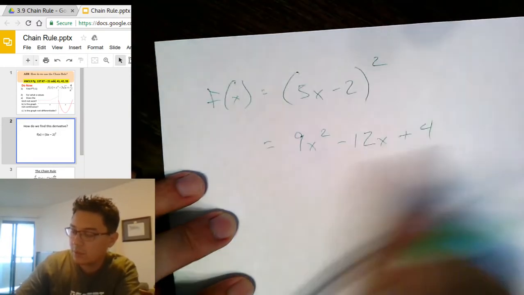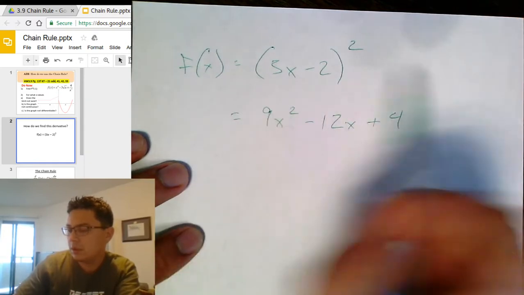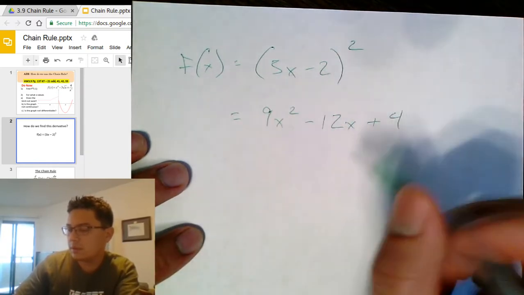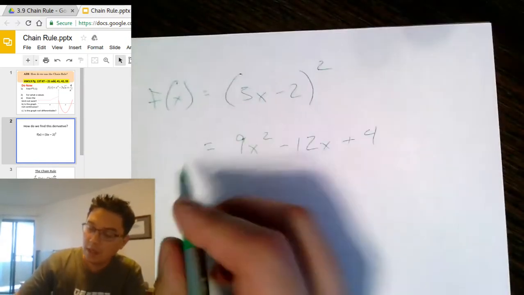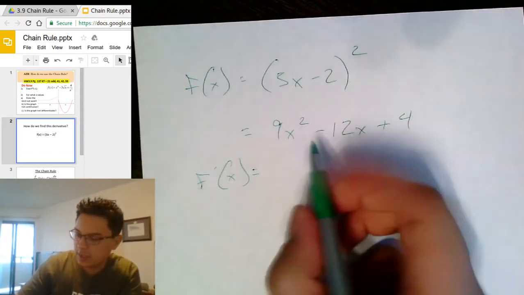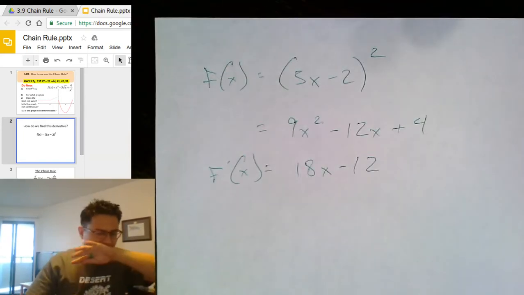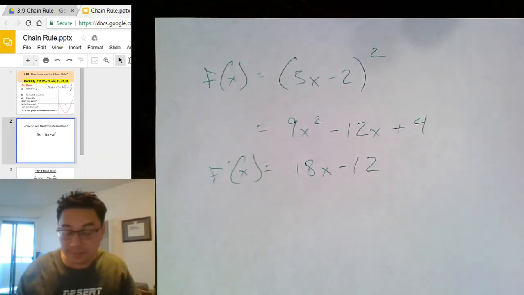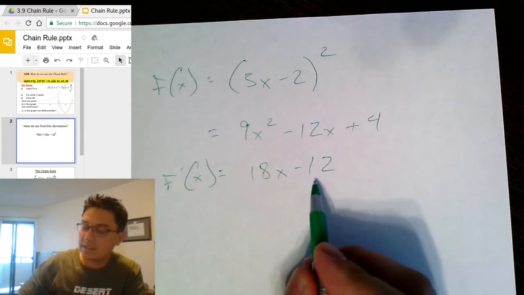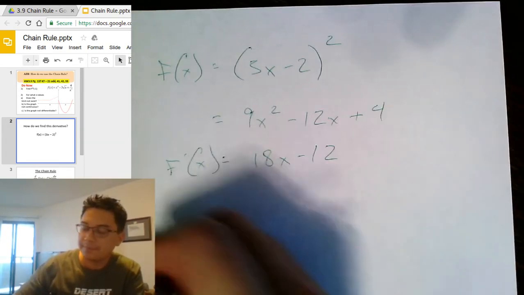If we take the derivative of this function, what we will end up with is 18x minus 12. So 18x minus 12 for our final derivative for this particular problem.